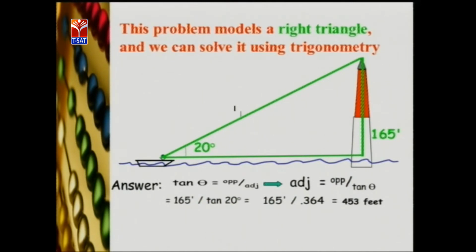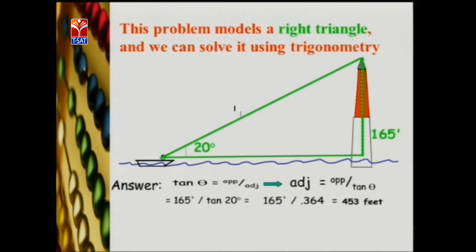So the distance between the man in the boat and the lighthouse will be calculated by using a trigonometric function, that is tan theta. As we all know, tan theta is equal to opposite side by adjacent side.